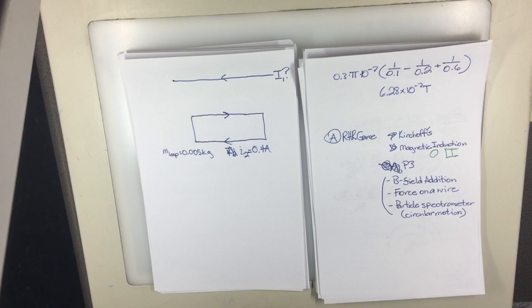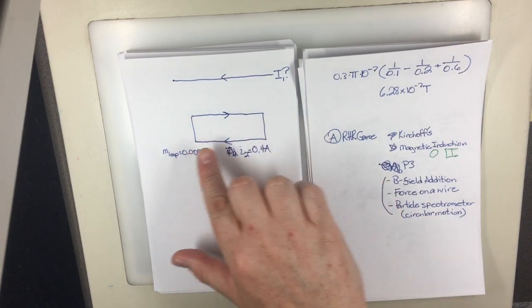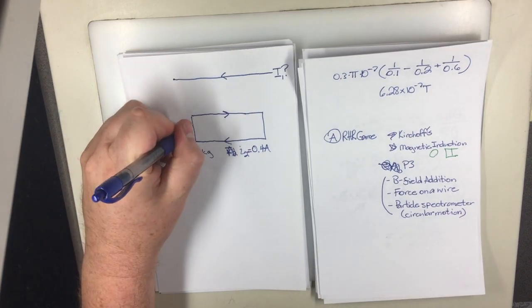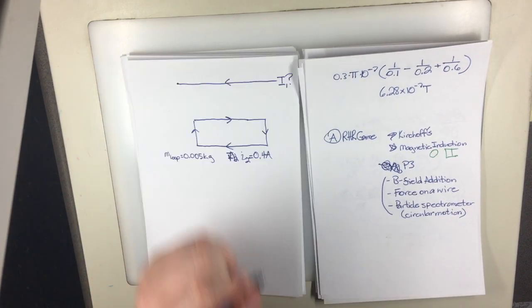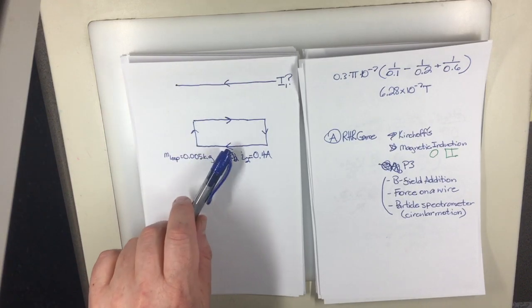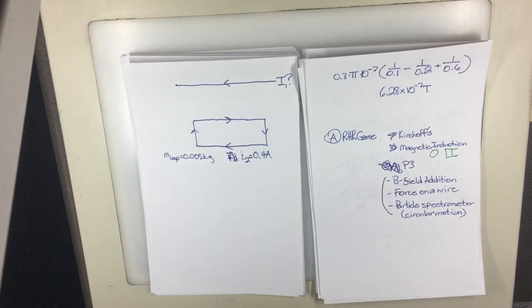It's not moving. It can't move. It's just solid. Down here is this rectangle with current flowing through it, and I want to know how much current I need to pump through this thing in order to keep it floating.